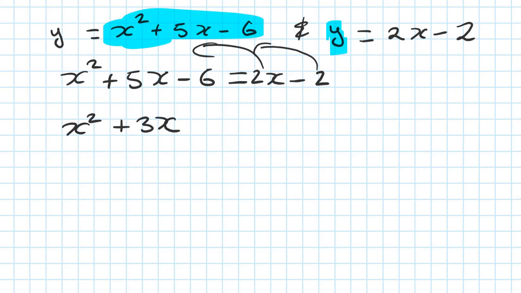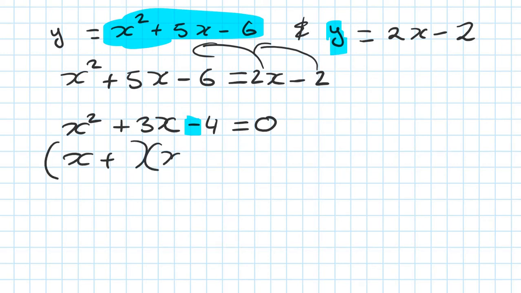Minus 6 plus 2 becomes minus 4, equal to 0. Because you got 1 plus, 1 minus, the reason is the negative of this. If you look at negative 4, just look at this last side, negative, so we have 1 plus and 1 minus, which is x plus, and then x minus, equal to 0.